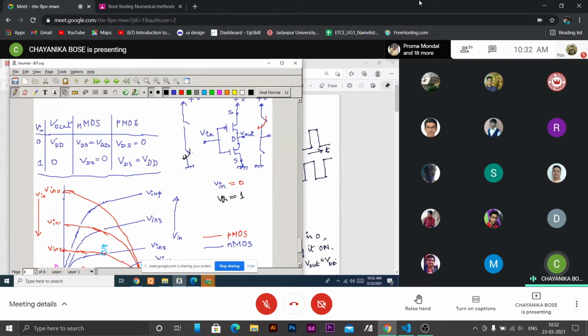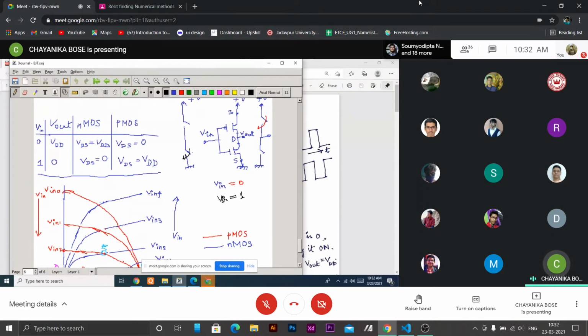Output is the supply voltage. So for NMOS, when out is high, this is VDD. So drain to source across this switch, which is now open, the drain to source voltage is VDD, because drain is at VDD, supply voltage, source is 0. So VDS is VDD for NMOS.